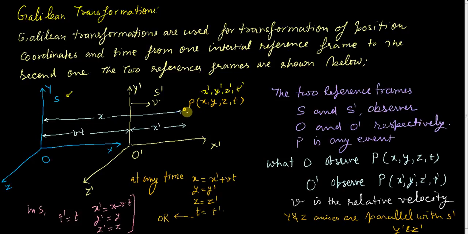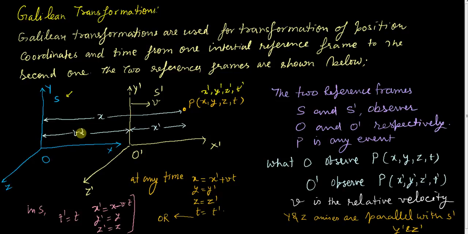The distance of this event from the observer O will be x in the unprimed frame, and the distance of this event in the primed frame according to the O prime observer is x prime. So here you look that this is x prime. Now what is the distance between O and O prime?